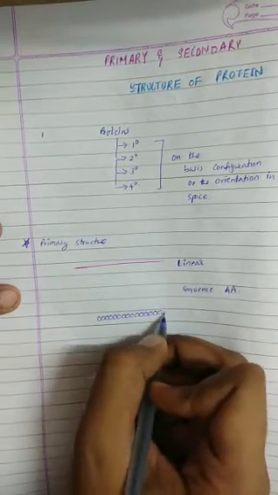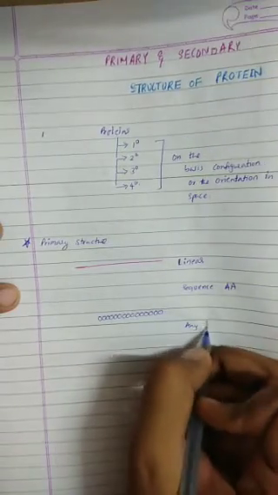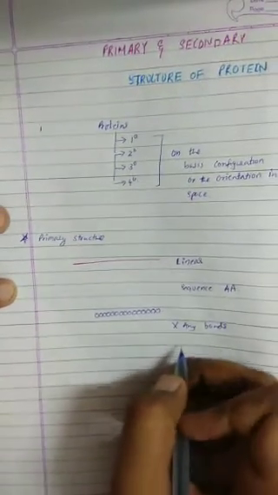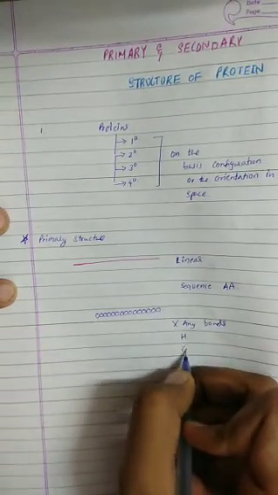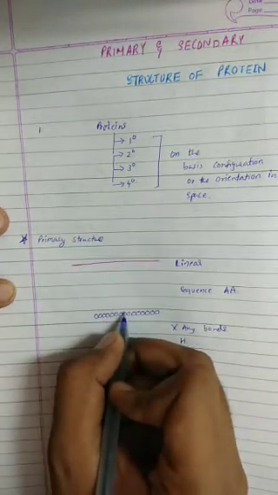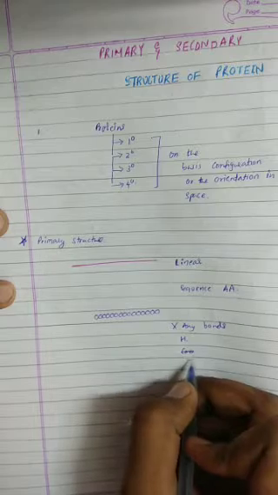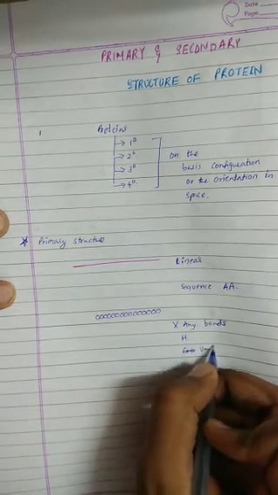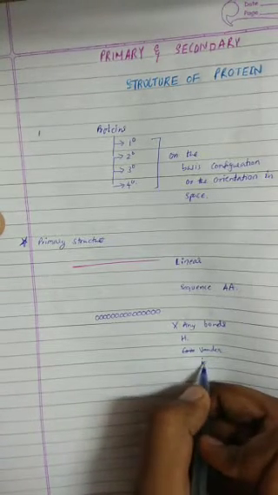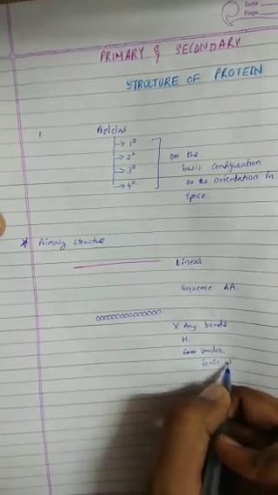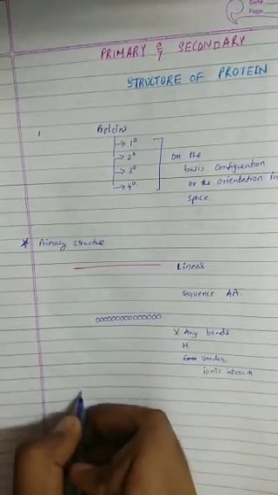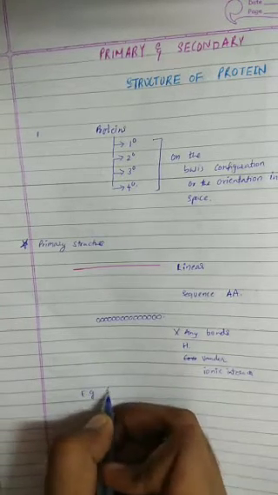This structure does not have any bonds like hydrogen bonds. Covalent bonds are there in between, but there is no interchain covalent bond. There are van der Waals forces and ionic interactions. This is the primary structure. An example is insulin.